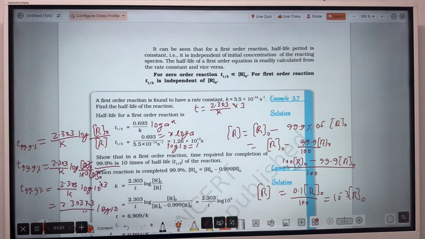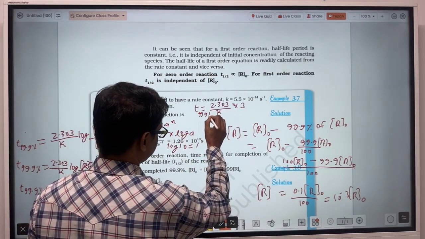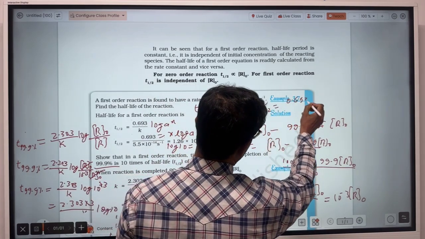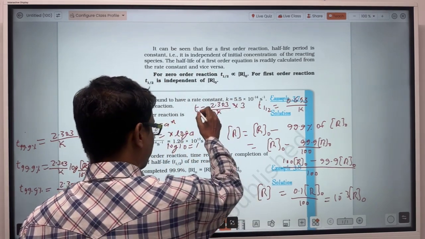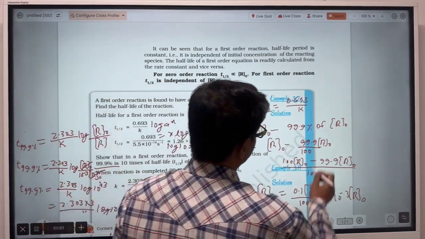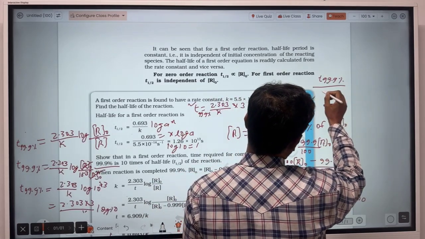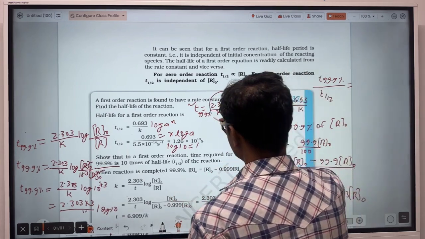And we know T half, T 99.9%. And T half is equal to 0.693 upon K. You have to compare T 99.9 with T half. That means T 99.9% upon T half. That will be equal to T 99.9%, this one.